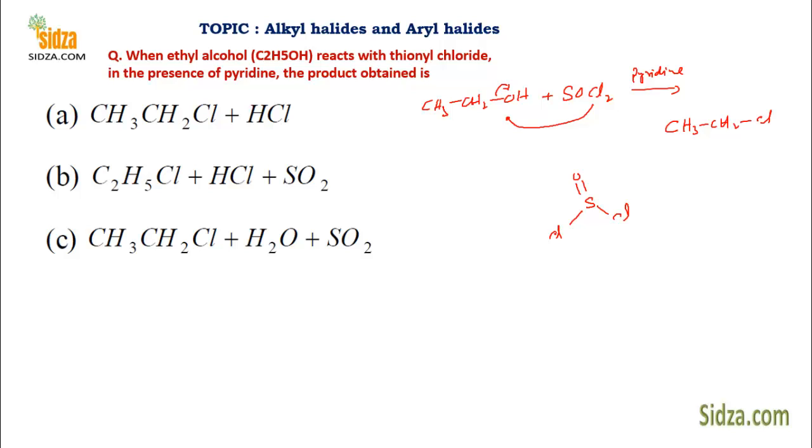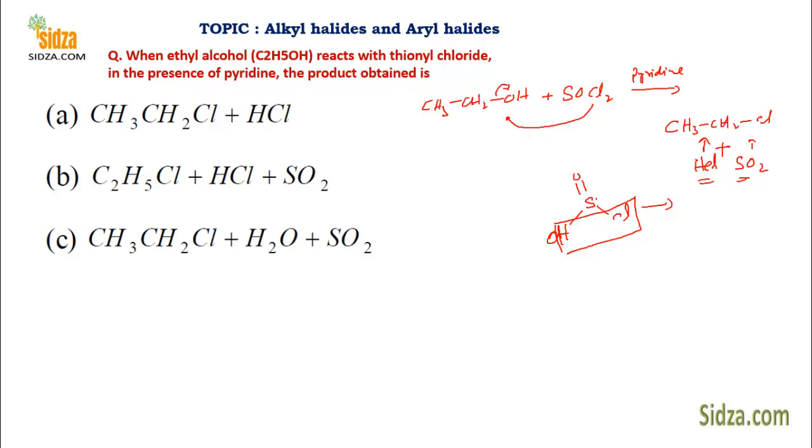Initially in the mechanism you see that this hydroxide group is attached to the sulfur, and then this hydrogen and the chlorine are lost from the molecule, and what you get? The other products will be the hydrochloric acid, and you get the sulfur dioxide. So the other products are HCl and sulfur dioxide, both are gaseous components in this reaction.